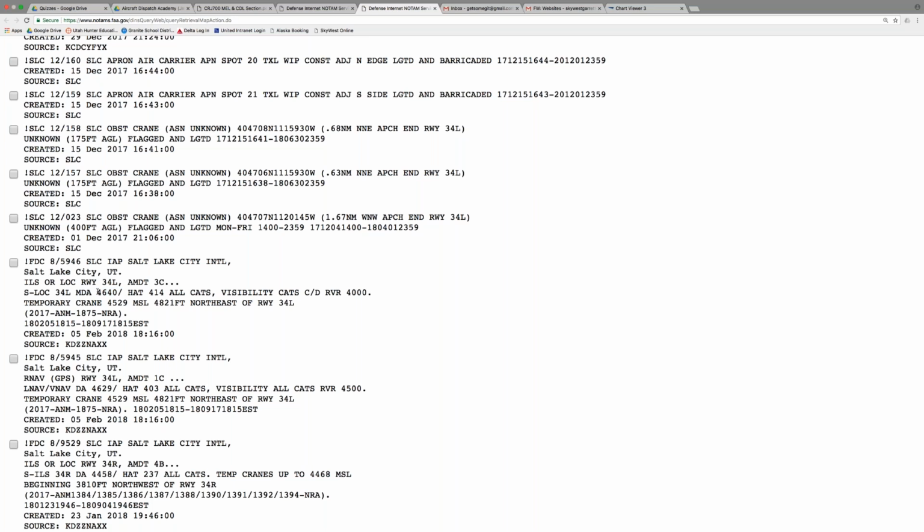And 4640, would that mean sea level, or would that be above ground level, AGL? I have no idea. So MSL. Yeah, so that's going to be our MSL.